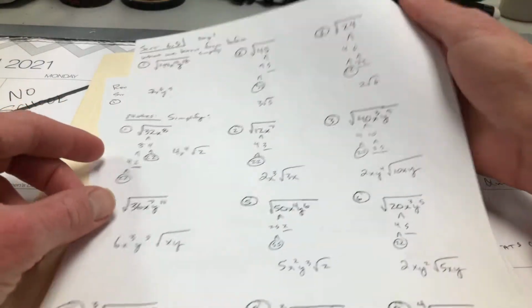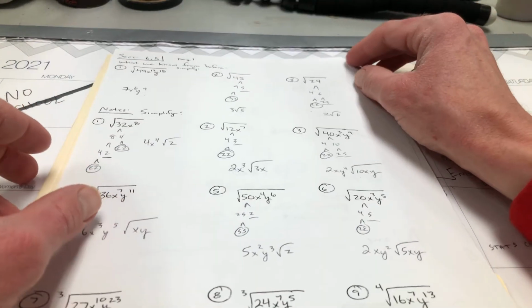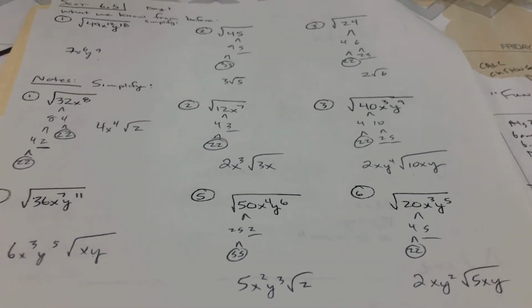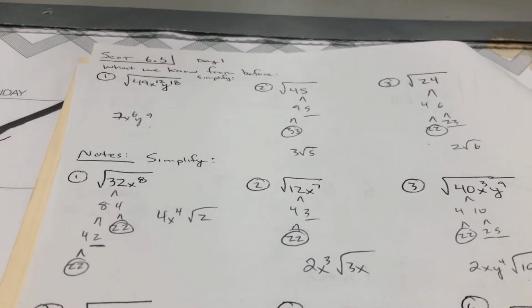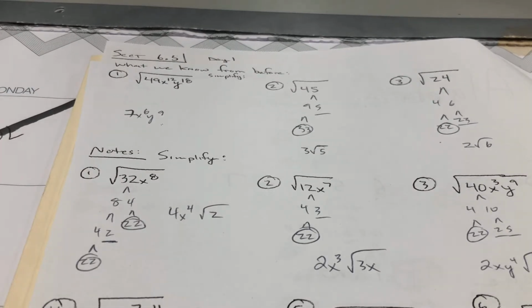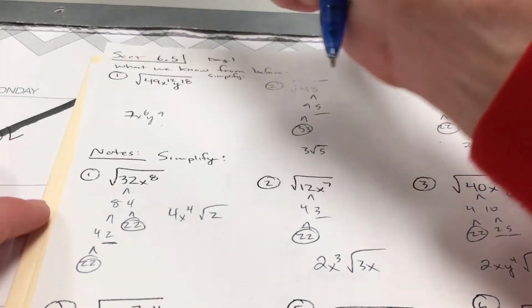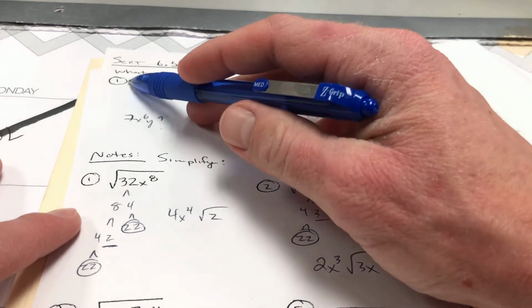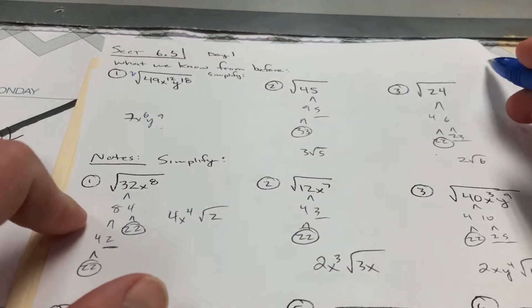All right, page 1, notes, section 6.5. So what we know from before: the square root of 49, that's 7. Then we have this 2, which goes into 12 6 times exactly. 2 goes into 18 9 times exactly.